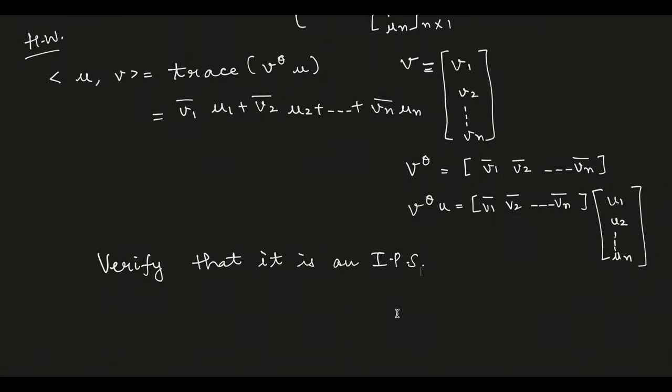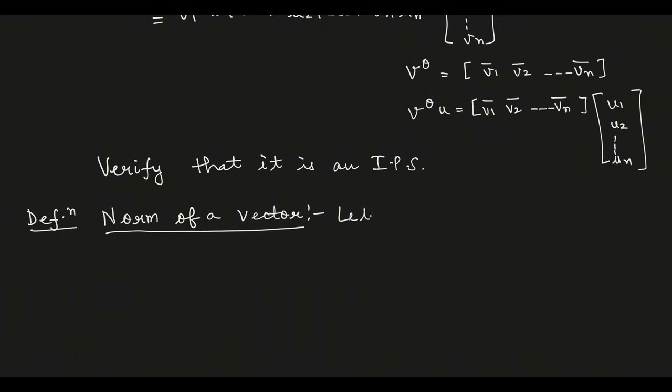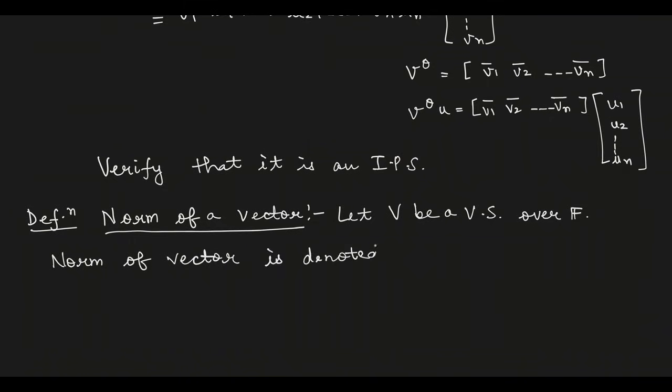Now next definition is norm of a vector. Let V be a vector space over F. Norm of a vector is denoted by norm v.